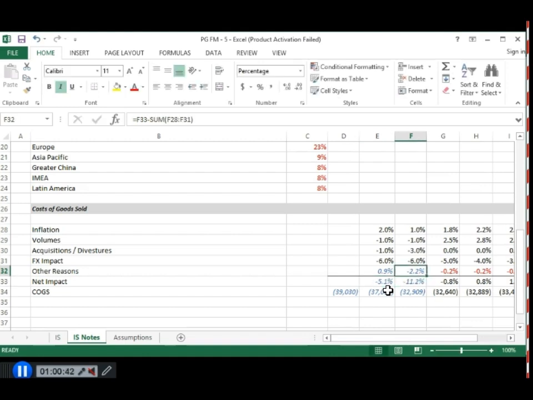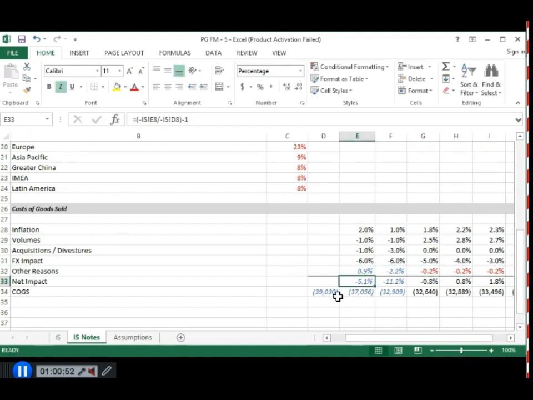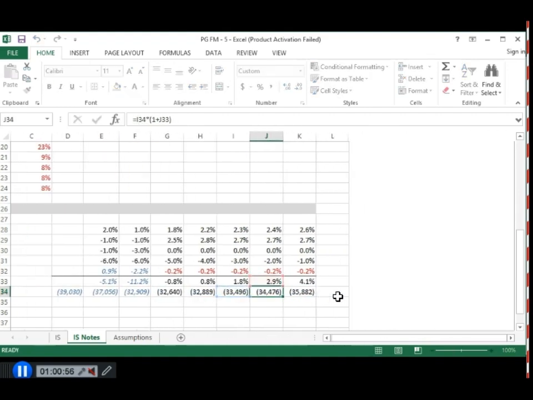Then based on this net impact and these sales changes, I have calculated other reasons. And based on this total net impact, now I have forecasted the future. Is it clear? This is simply the previous year's cost of goods sold multiplied by 1 plus growth rate. Workings you've also done over here.